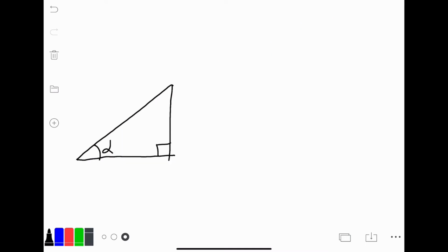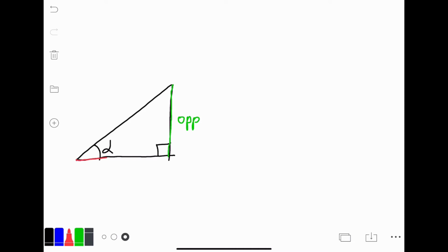Now, let's go back to this right triangle, and let's say that we know angle alpha. So alpha has three sides that are related to it. The first one we're going to look at is this side over here, which I'm going to highlight in green. This is what we call the opposite side. So this is the side that's opposite angle alpha.